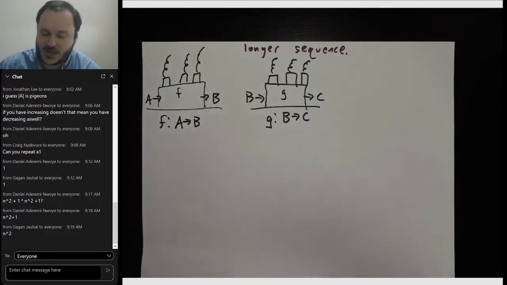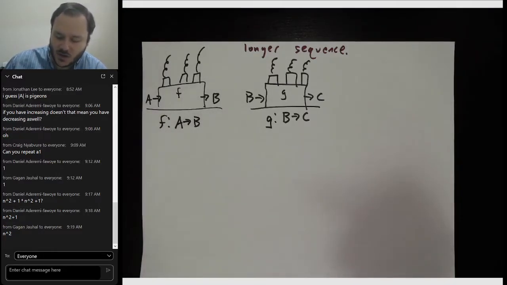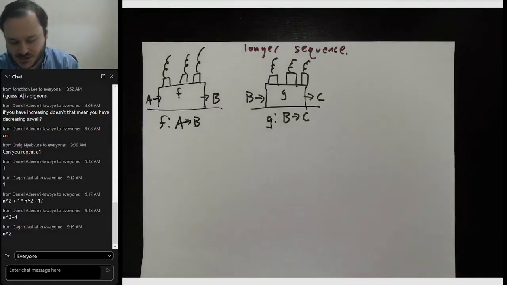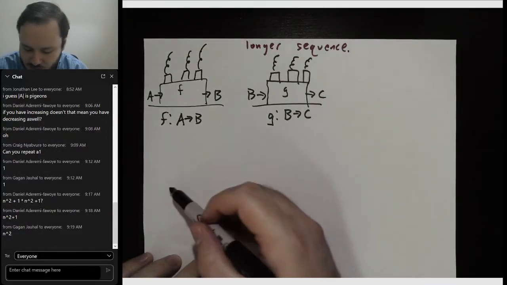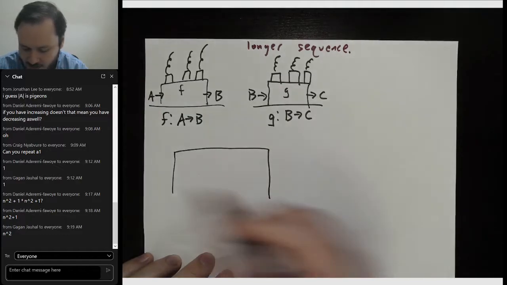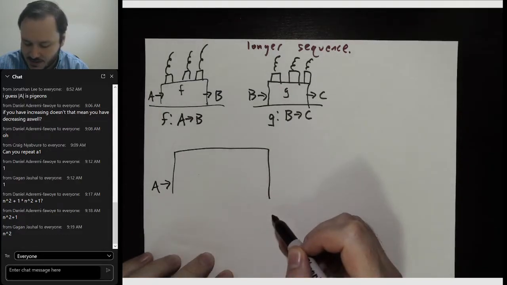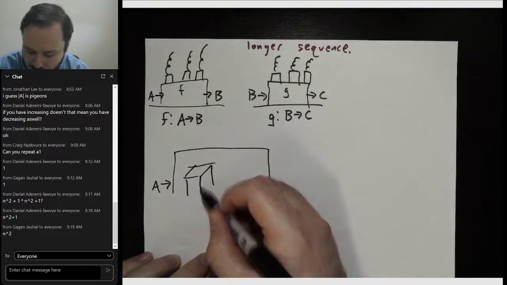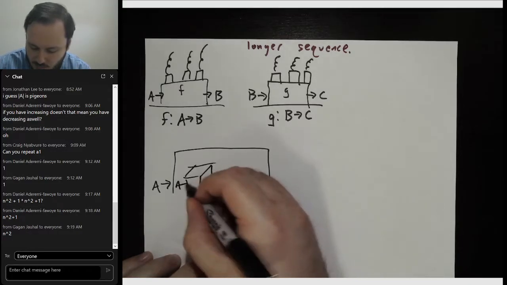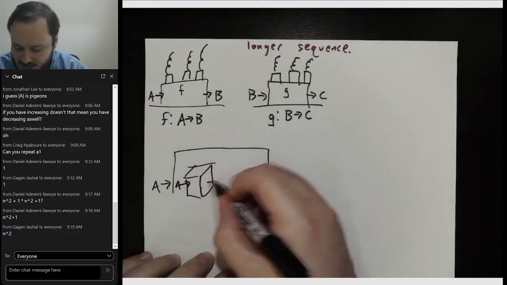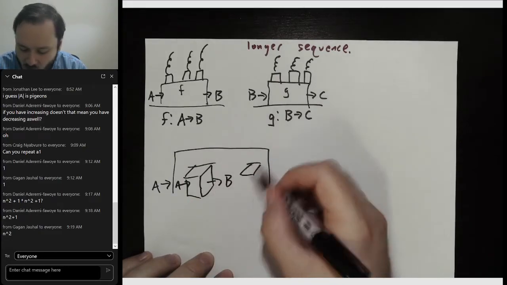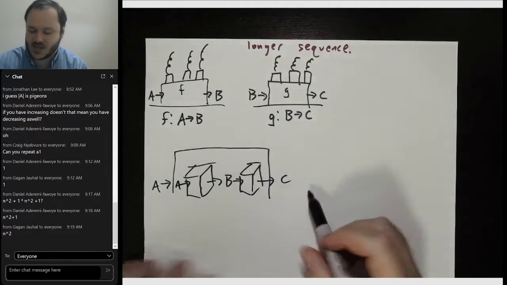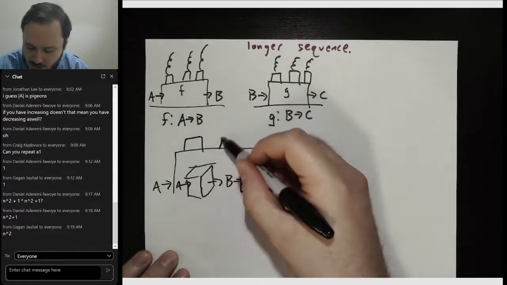Now, if you're a good capitalist, you want to control this whole process. If these are two different factories, then there's inefficiency. So what you really want to do is build a big factory that takes A as input, and then inside you've got one part of your factory that takes A and turns it into B, and then all in the same family, that B gets turned into C. It's all in one big factory.